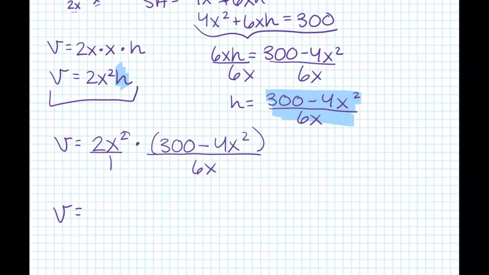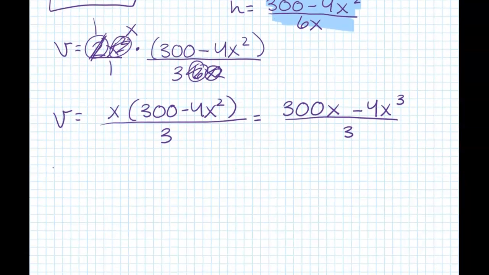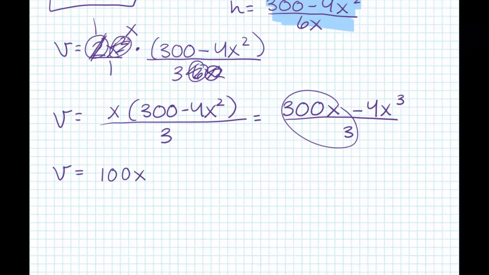If we want to simplify, we have an x squared over an x, so that's just a single x on top. 2 over 6 simplifies to 1 over 3. So we end up with x times (300 minus 4x squared) over 3, which is (300x minus 4x cubed) over 3. So then our volume is 300 over 3, which is 100, x minus 4/3 x cubed. Okay, that's finally our volume.